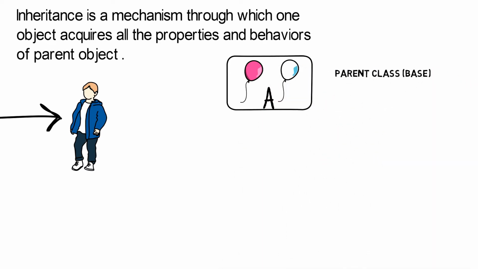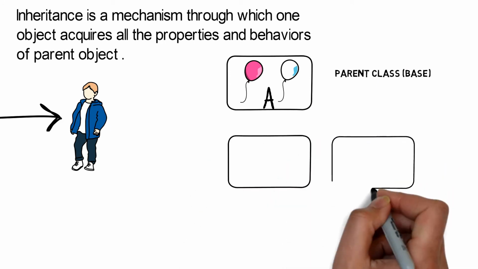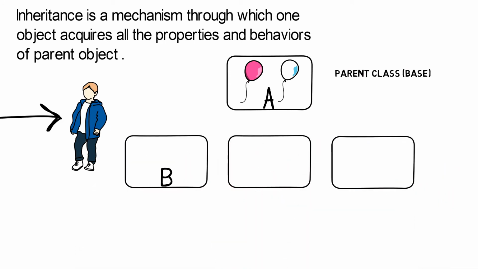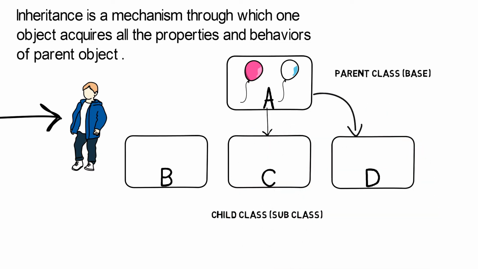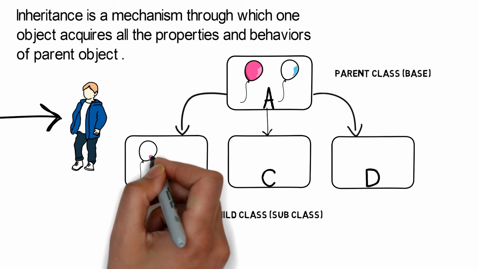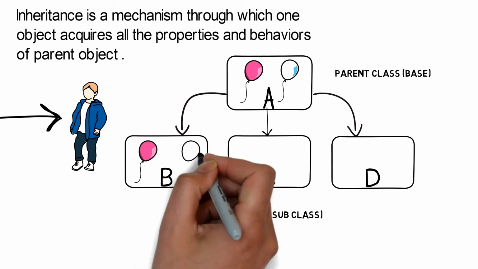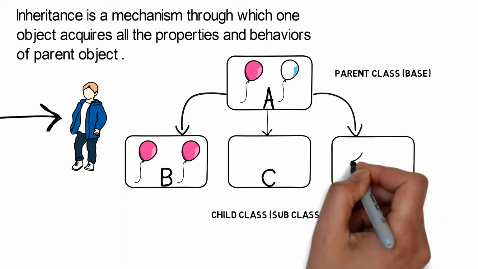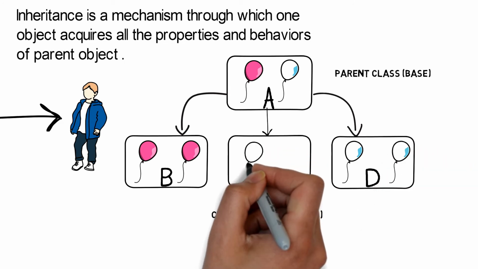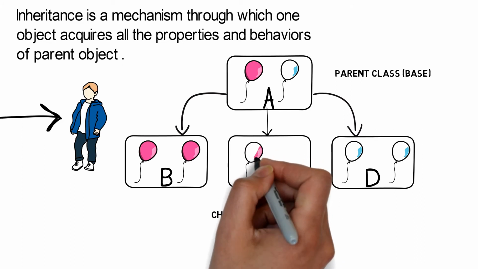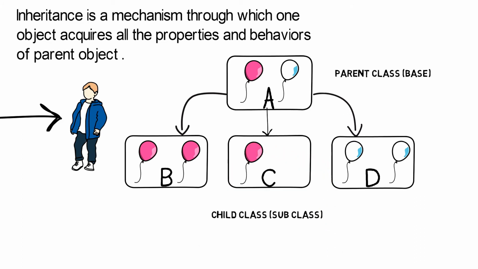This class is the parent class or the base class, and we have three other classes named B, C and D, which are all child classes of class A. Because of that, class B can produce the same object, that is pink balloon, by inheriting the properties from class A. And if class D needs to produce white color balloons, then it can inherit those properties from its parent class A. And if class C needs to produce any of these, it can also acquire it through inheritance.